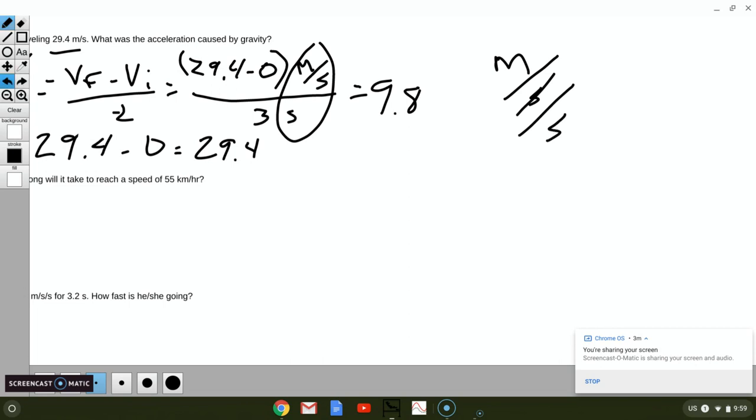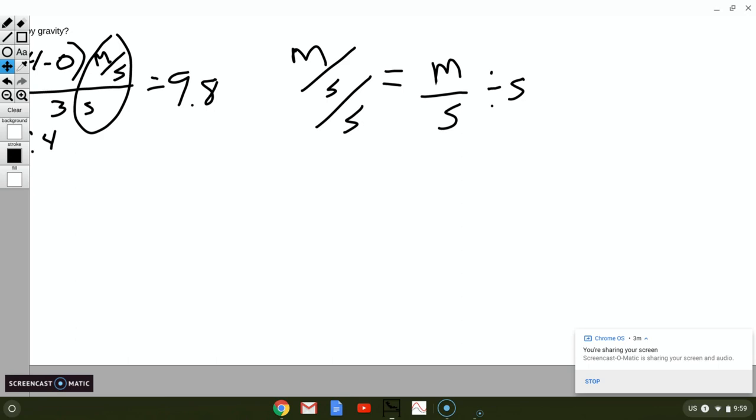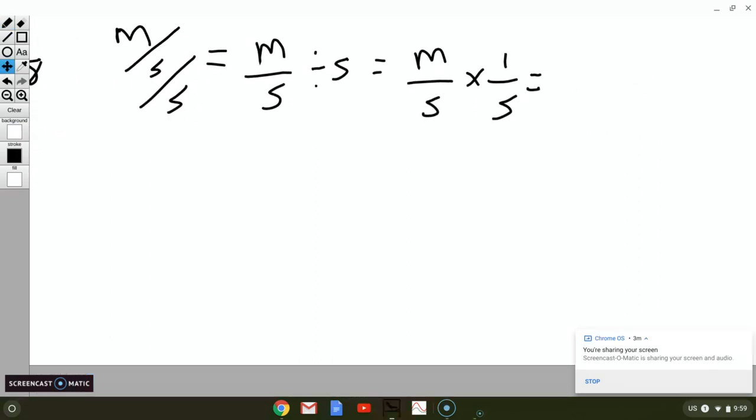Mathematically, this is equal to meters per second divided by seconds, which, as you know, when you're dividing fractions, you multiply by the reciprocal. You actually get this, and what you end up with is meters per second squared.